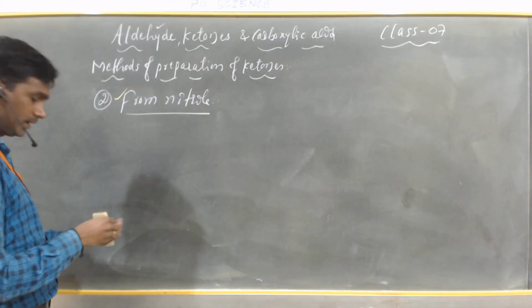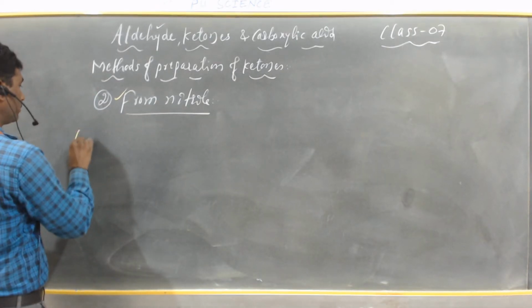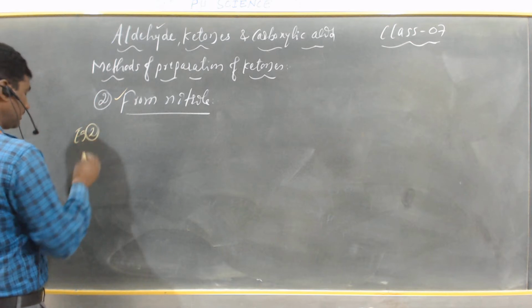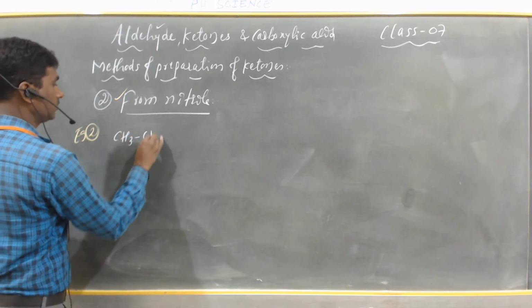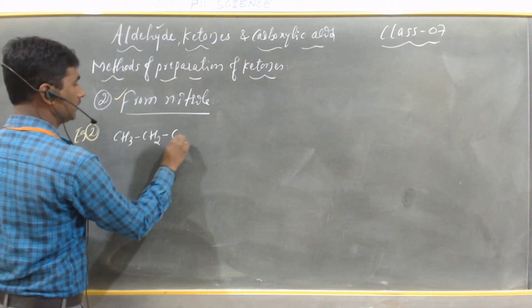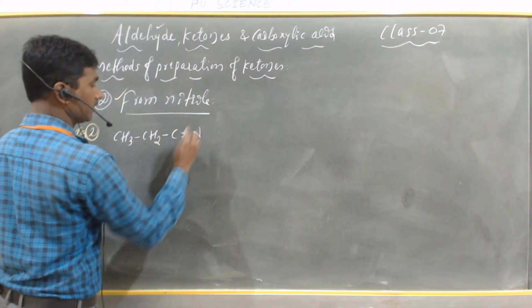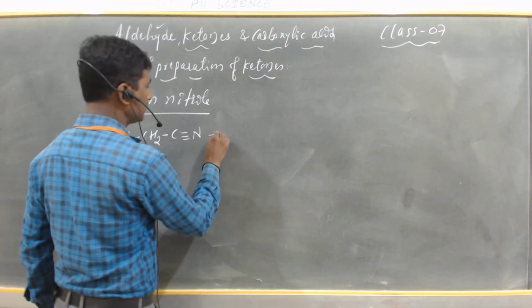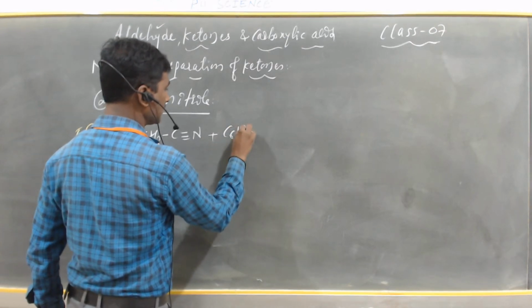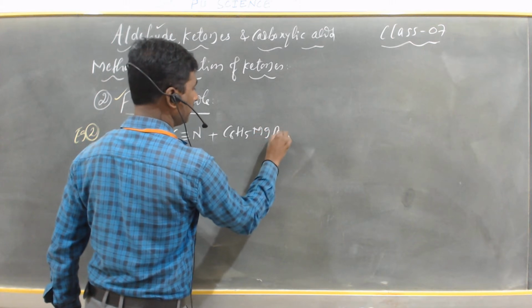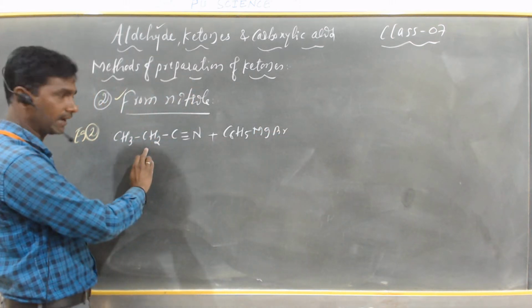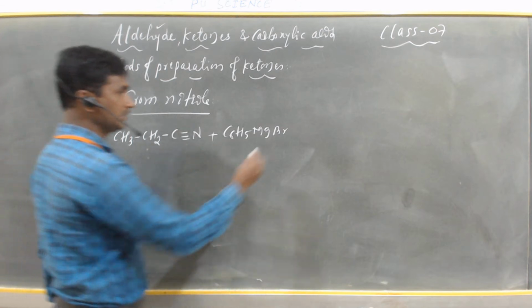For example 2, I can take CH3CH2C triple bond N. To this add C6H5MgBr Grignard reagent. This is the nitrile and this is the Grignard reagent.